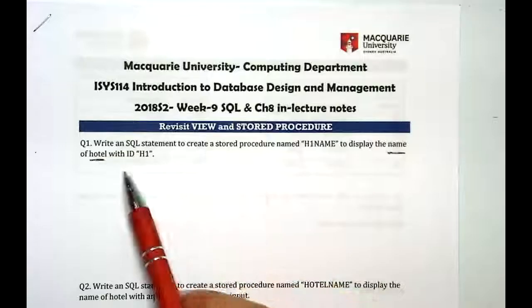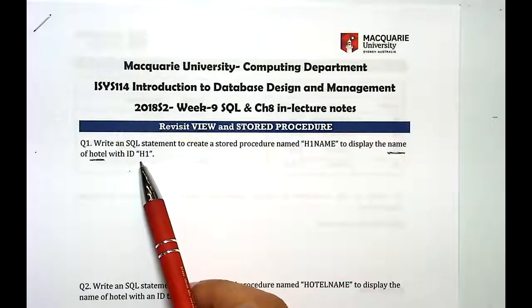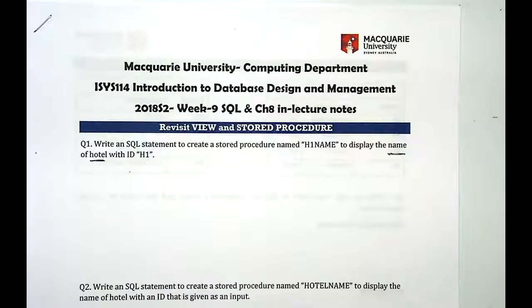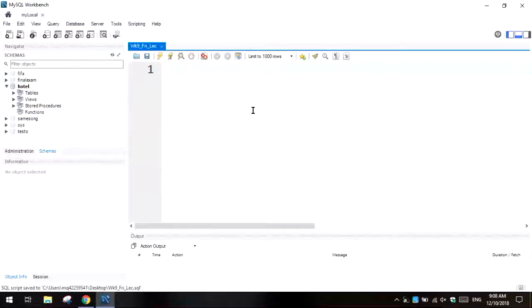Hotel name and hotel ID are both in the hotel table, so I don't need to join any tables. Before you create the stored procedure or even the view, first make sure your query is correct. So I'm going to check my query first.